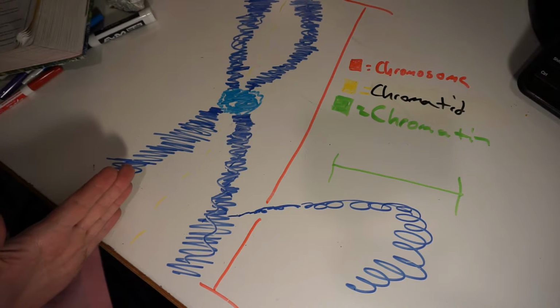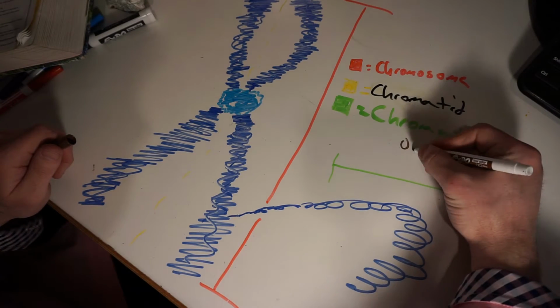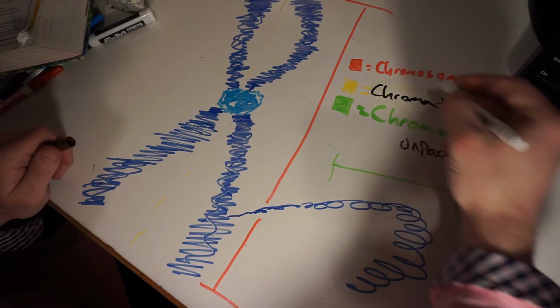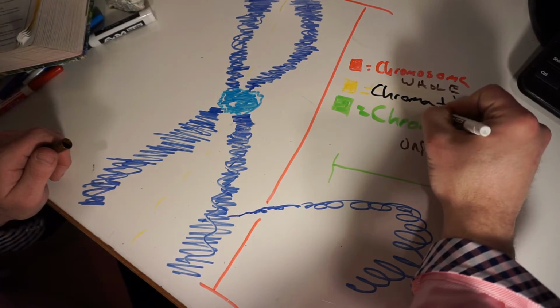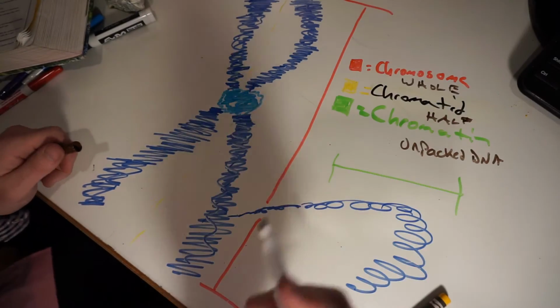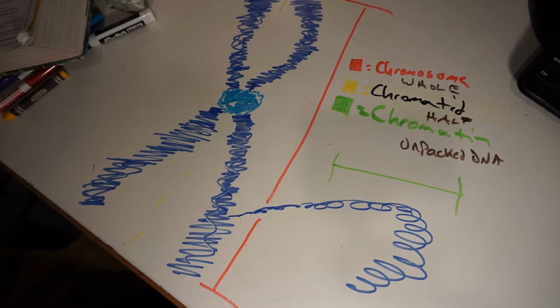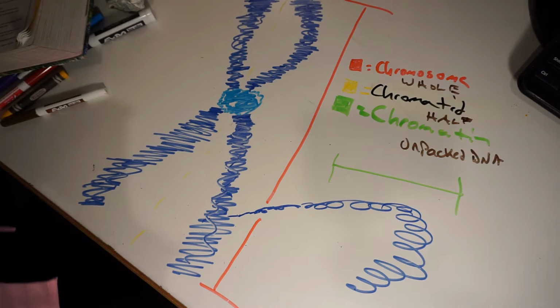Chromatid is half. Chromatin is unpacked DNA. Chromosome whole, chromatid half, chromatin unpacked DNA. Get it? Got it? Good.